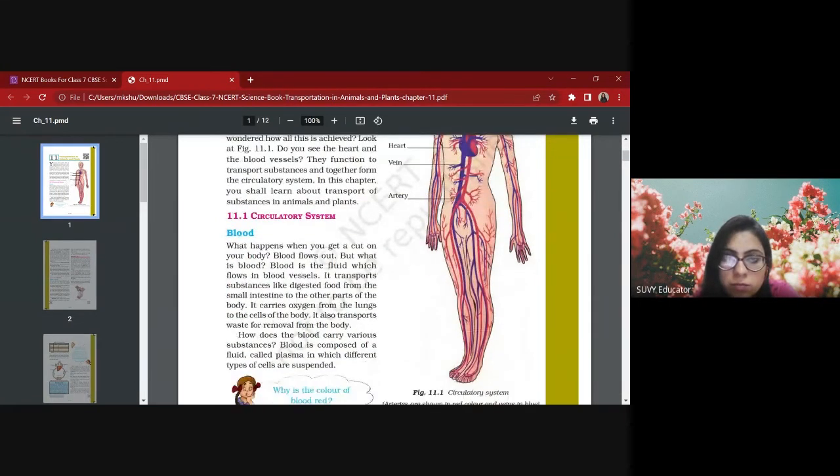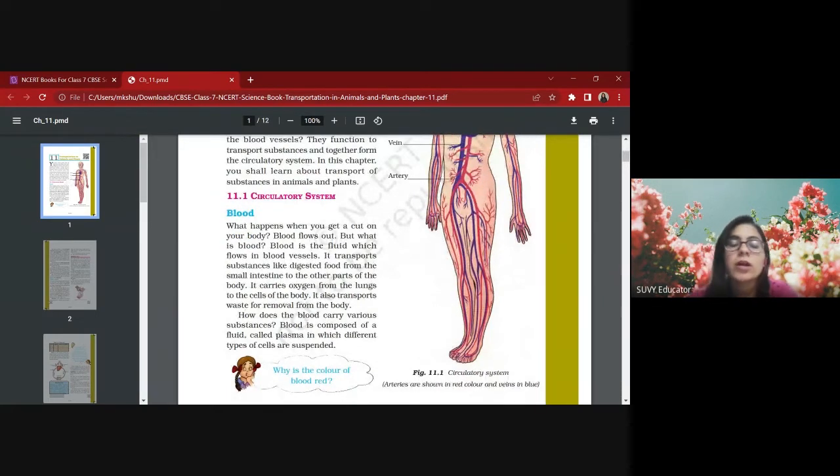Circulatory system. What do you mean by circulatory system? We have till now discussed the digestive system, the respiratory system, and the excretory system. Now the topic that comes is the circulatory system.